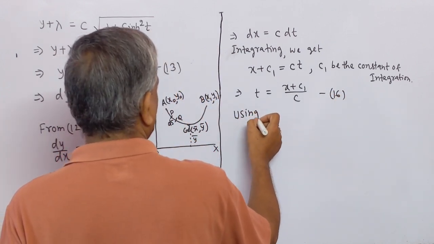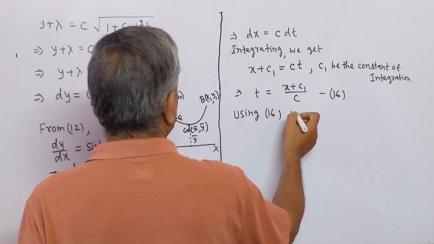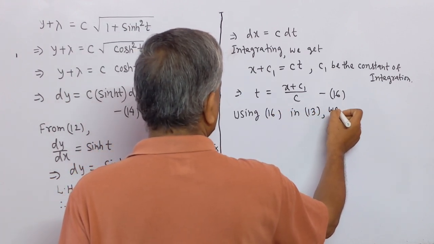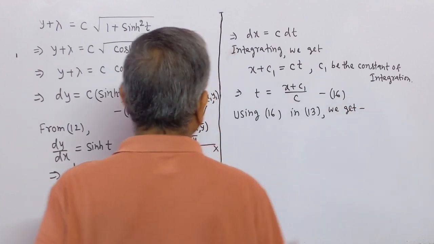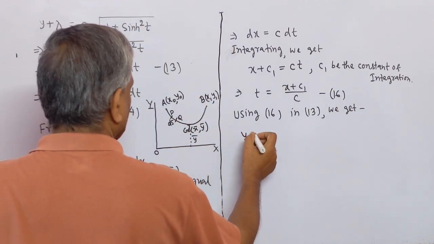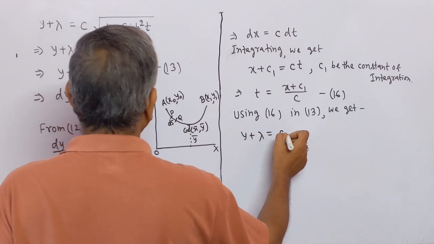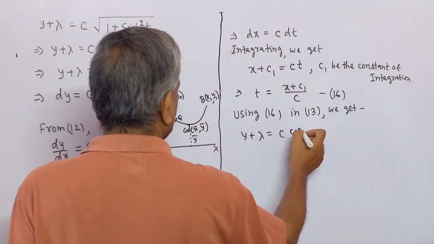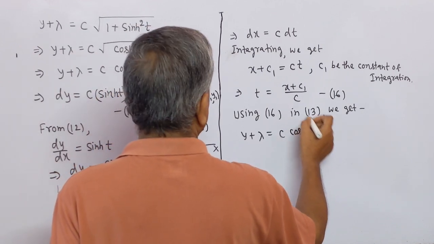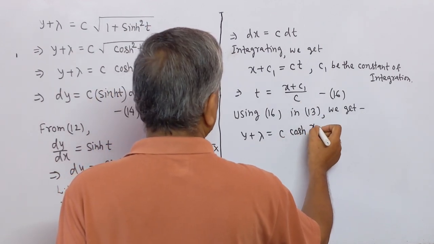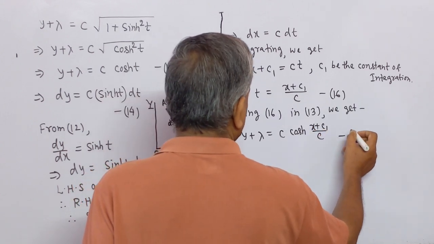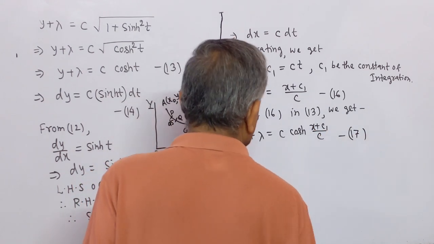Using 16 in 13, we get y plus lambda equal to c cosh, here t, value of t is x plus c1 by c. This is number 17.